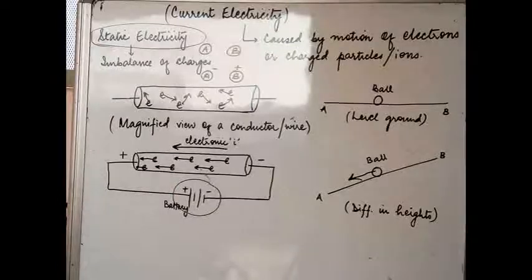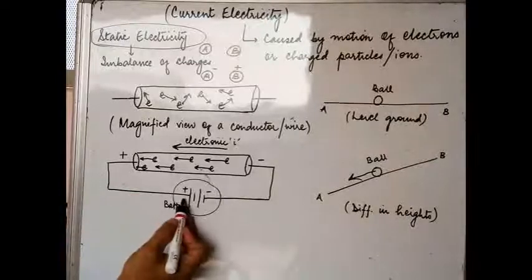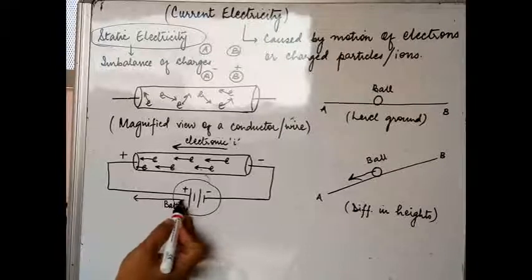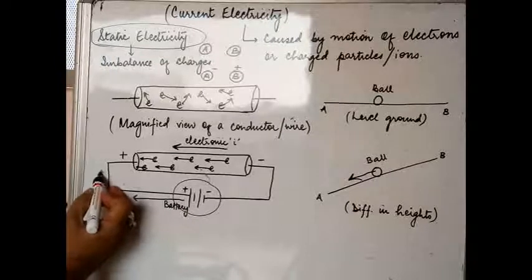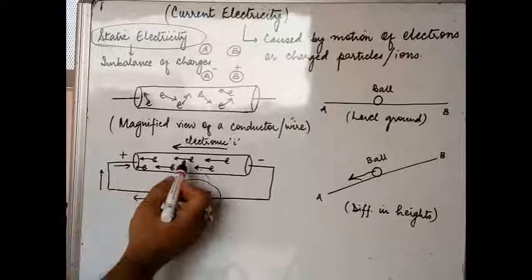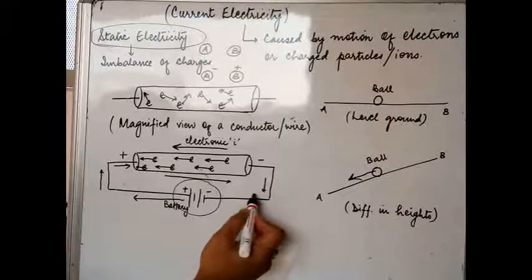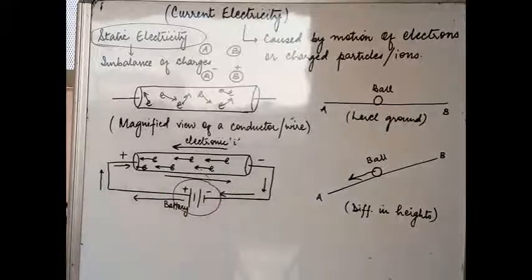The reason I mentioned the word reality is that in our day-to-day examples, in the study of physics, we say that the current is flows from the positive terminal. It goes up, then goes like this, travels over here, and comes down over here, and this is how the circuit is complete.